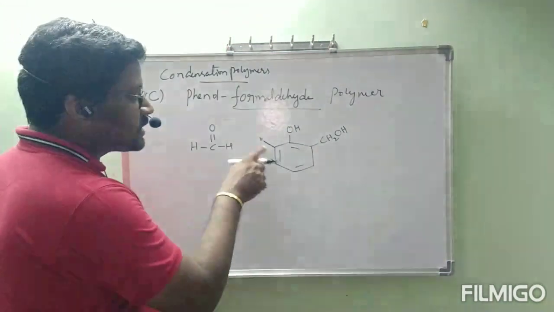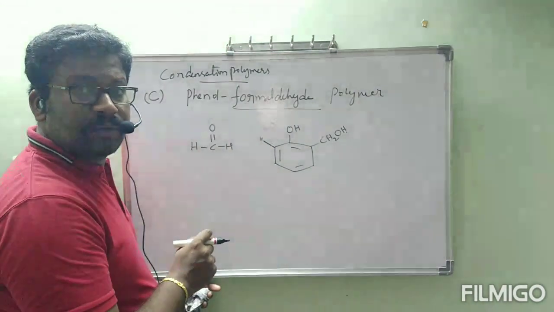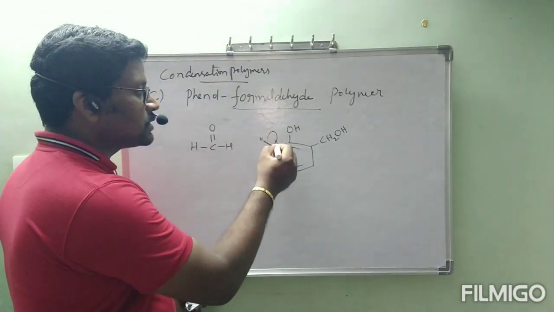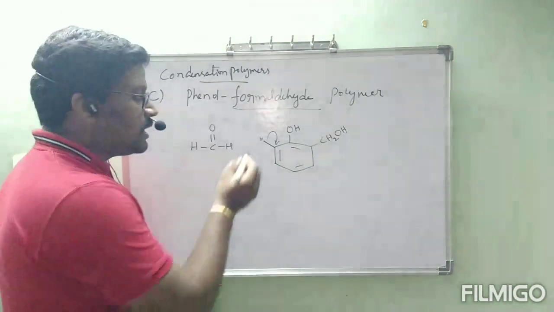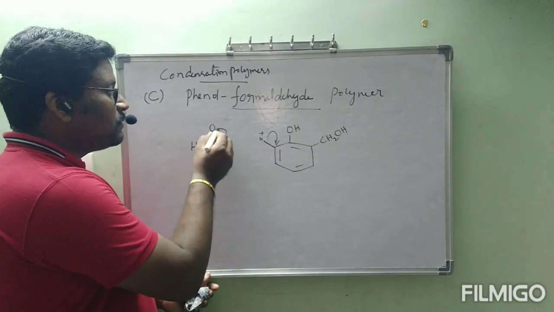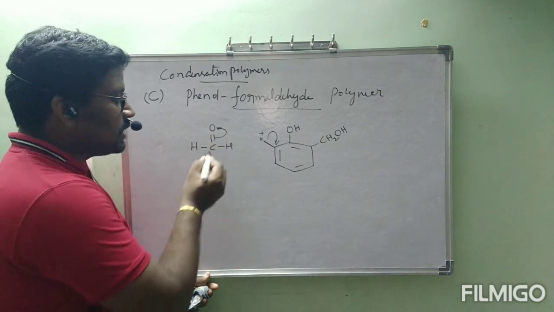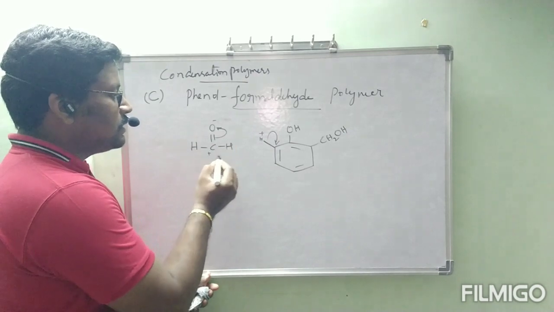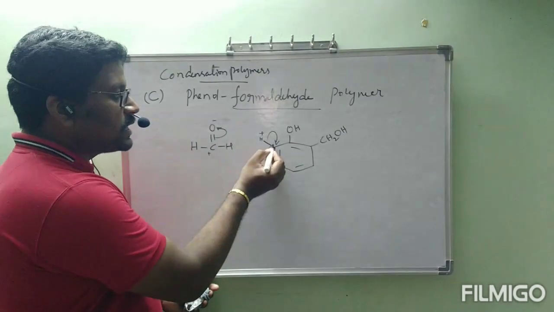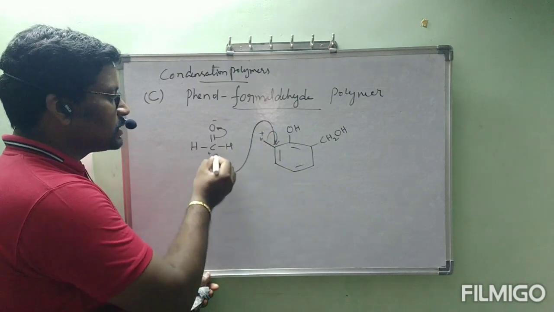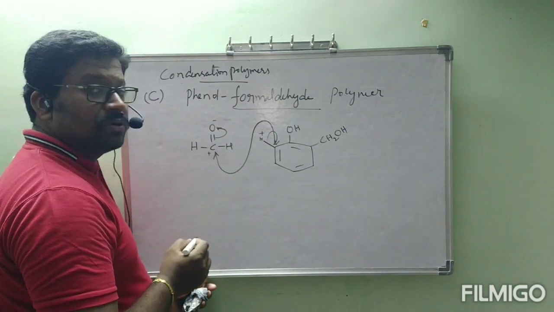Now between this carbon and hydrogen, which is more electronegative? Carbon. Because of that, this bond is shifted towards carbon as C minus, and this is getting H plus. Now this bond is shifted towards oxygen as O minus. This carbon is getting positive charge. Then this carbon is getting negative charge, and it is going to attack this carbon. Please don't confuse.